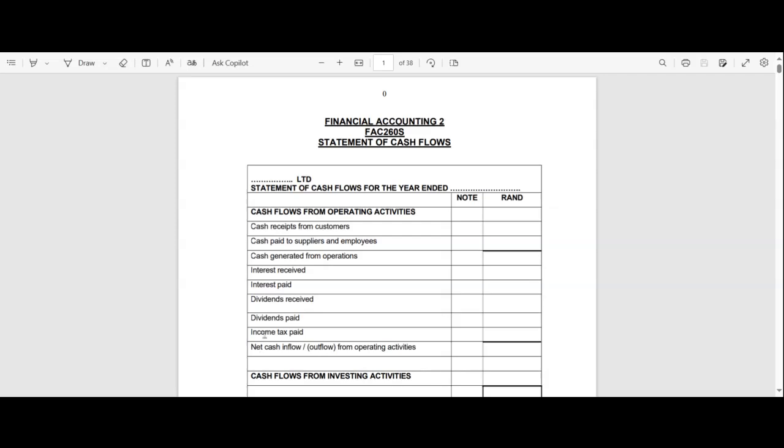You know that the income tax expense is that expense that you accrue at the end of the year when you draw up your financial statements. But the income tax paid is a different animal. You remember back to the second term. What is our income tax paid?